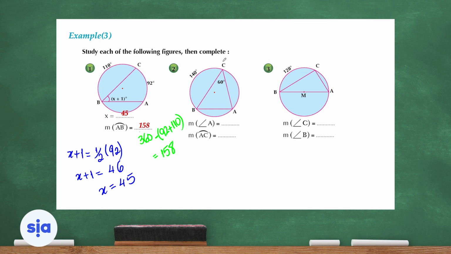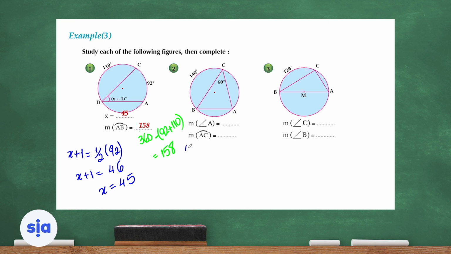For question number 2, you will see that angle ACB is an inscribed angle. So, how can we find angle A? We're given that arc BC has a measure of 140 degrees. As you see, angle A is an inscribed angle and its arc is 140, which is arc BC.